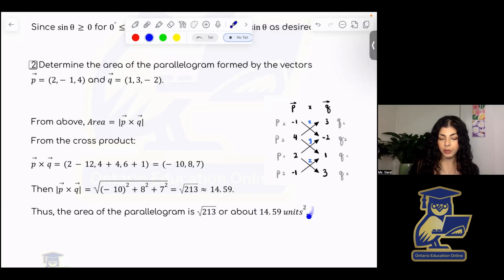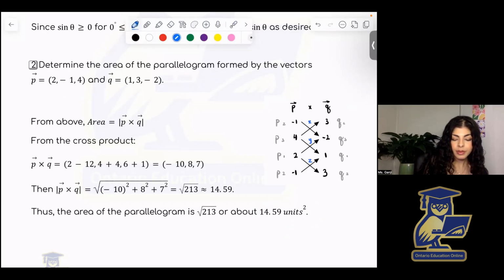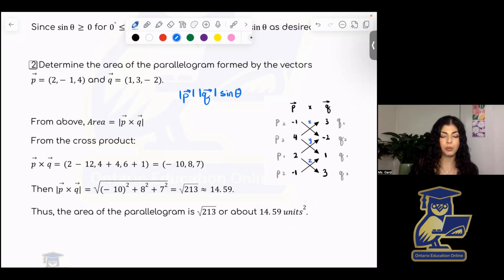So our area is 14.59 units squared. Now, if you were given the angle here, you could have done a double check by finding the magnitude of P and then the magnitude of Q and then sine of theta, and we would have seen that this would have been the same as this value here.